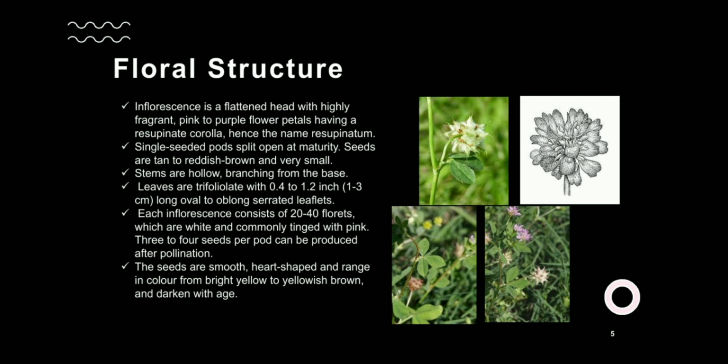Leaves are trifoliate, 0.4 to 1.2 inches long, oval, oblong, relatively flat. Each inflorescence consists of 20 to 40 florets, which are white and commonly tinged with pink. 3 to 4 seeds per pod can be produced after pollination. The seeds are smooth, heart-shaped, and range in color from bright yellow to yellowish brown, darkening with age.